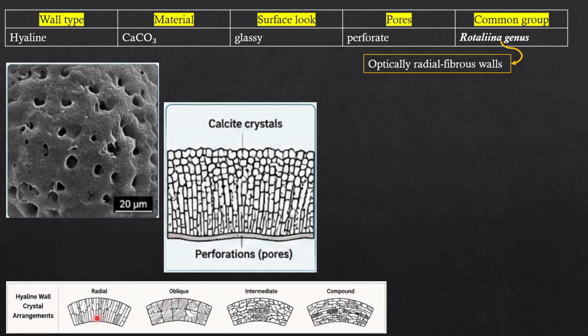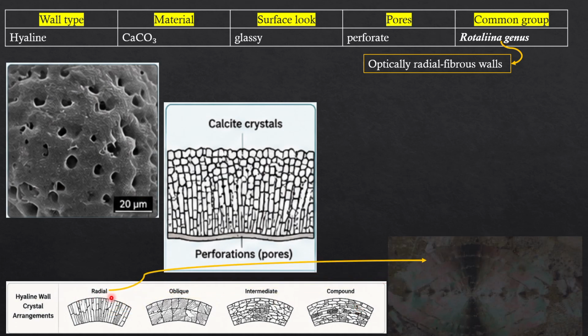In radial, the arrangement of the wall is from the center side, and they spread from the center. Oblique, they are spreading at an oblique angle. Intermediate, they have no angle, but in compound, some are radial, some are oblique, some are intermediate. So a mixture of these four wall structures is the compound structure.